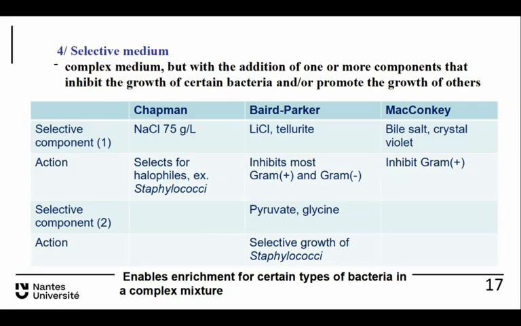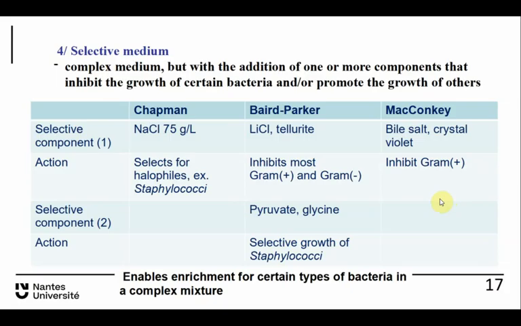And the final example here is McConkey agar, which has got bile salts and crystal violet, and these inhibit the growth of most gram-positive bacteria. So this medium is going to be selective for gram-negatives.